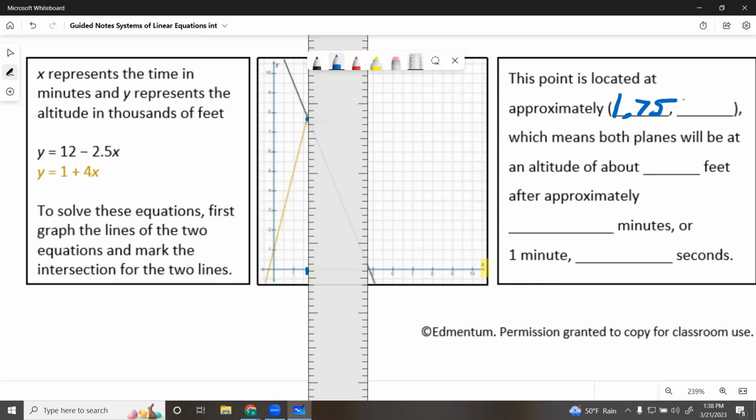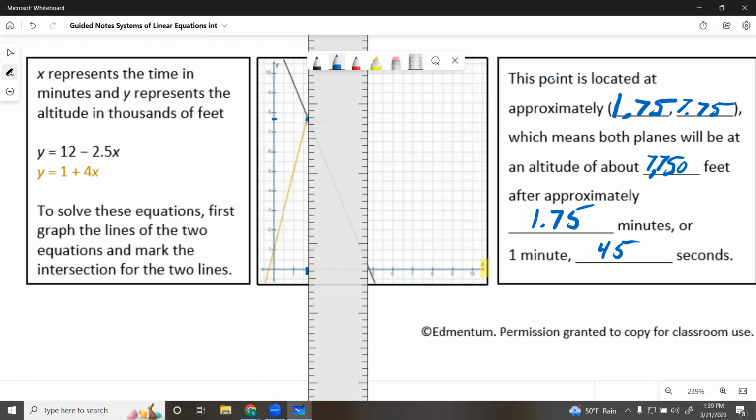So we say it is at the 7.75 mark, and the altitude at 7.75 actually is 7,750 feet after approximately 1.75 minutes, or 1 minute and 45 seconds.